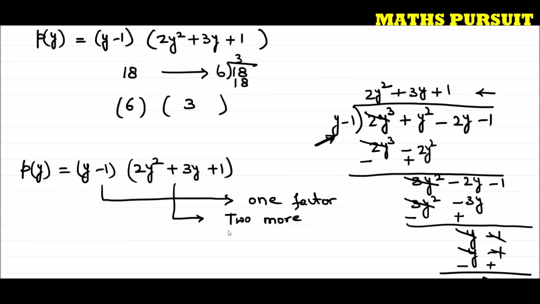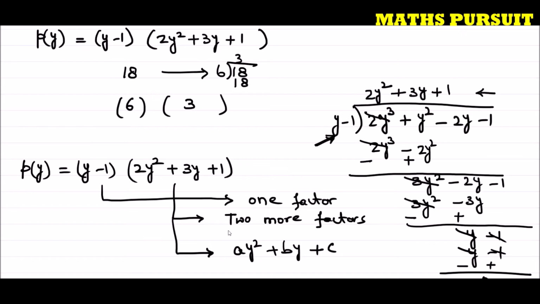Now 2y to the power 2 plus 3y plus 1 is a quadratic polynomial. So we will be getting 2 more factors from this, and this polynomial is of the form ay to the power 2 plus by plus c.